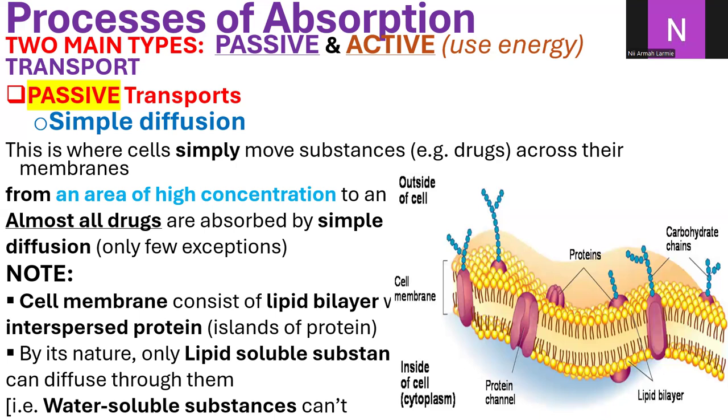It cannot simply diffuse across the barrier. Because of that, most drugs are designed to be lipid in nature so that this barrier can be overcome. So that is the first type of passive transportation method, the simple diffusion method.